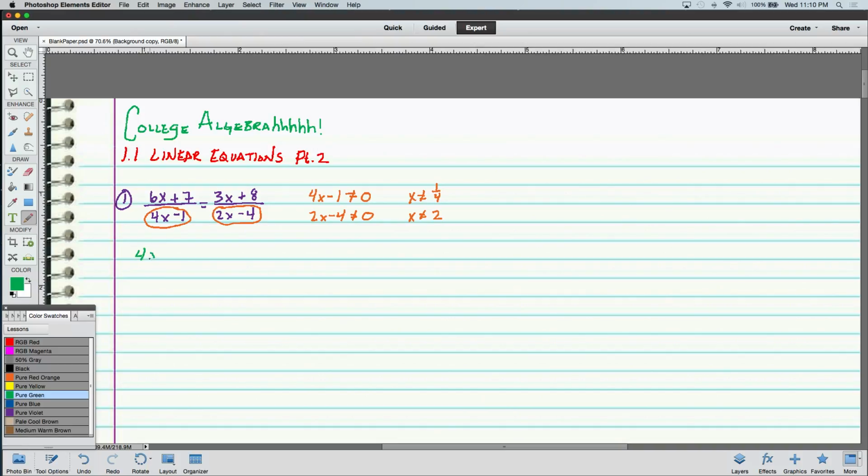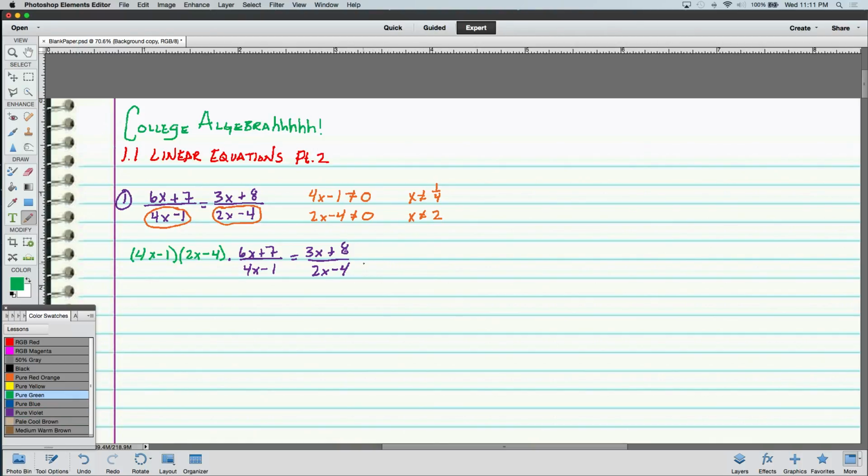So we'll have 4x - 1 times 2x - 4, and we'll switch back over to purple to write our original equation. Divided by 4x - 1 equals 3x + 8 divided by 2x - 4.